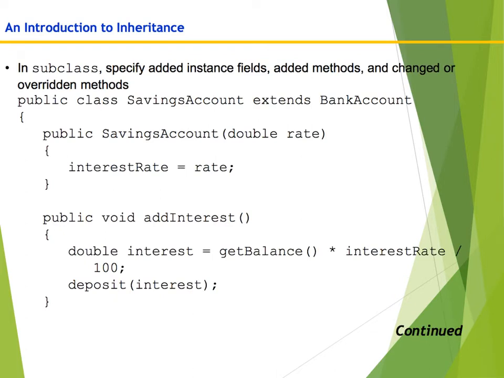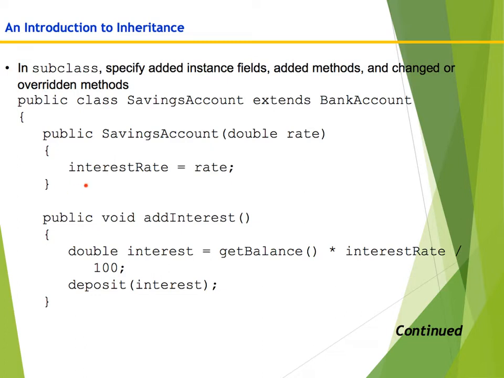So let's take a closer look at the example that we just saw. In class SavingsAccount, which extends BankAccount, we need to specify the added instance fields and methods that are not in the BankAccount and are not inherited from BankAccount. For example, the SavingsAccount needs its own constructor.